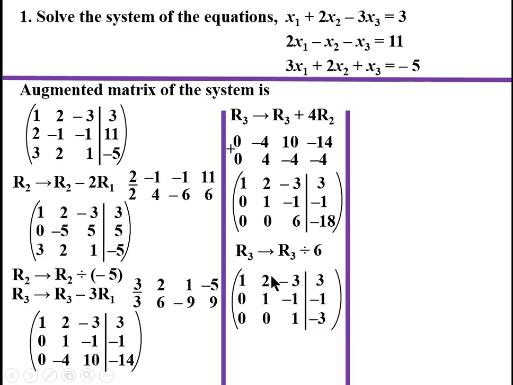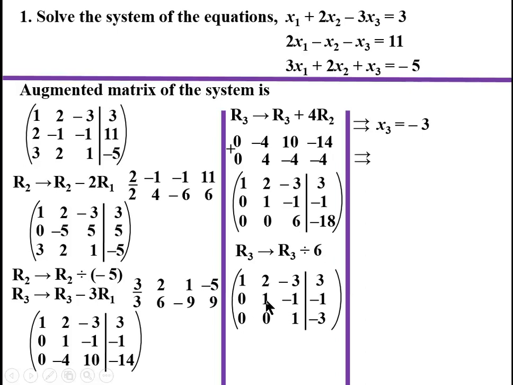So we have succeeded in transforming this main matrix to row echelon form. So this implies that this is the coefficient of x3 this time around, and this is the constant, which means x3 is equal to negative 3.